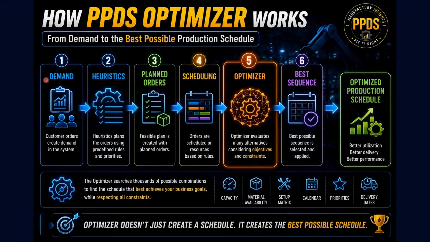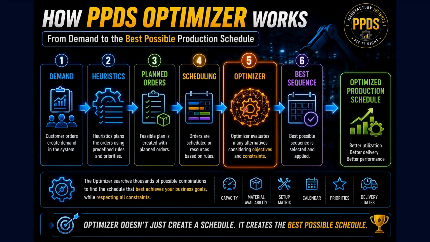Let's now understand the complete process. Customer demand creates planning requirements. PPDS heuristics generate plan orders. Scheduling assigns operations to resources and calculates start and finish dates. At this stage, the schedule is feasible. The optimizer then analyzes this schedule.